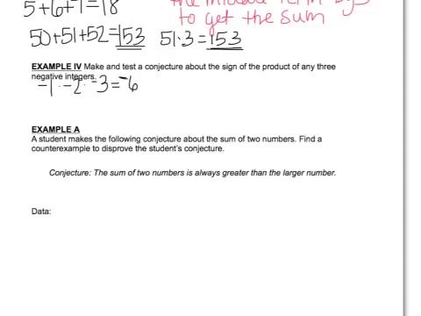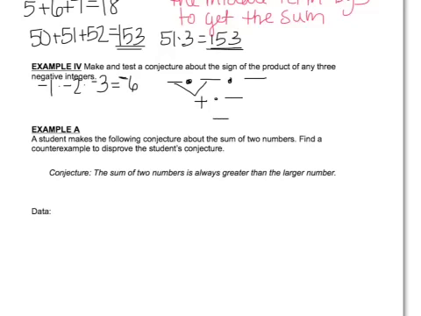Well, really, it's just the signs that are going to determine what our final sign is, isn't it? This is something we've talked about, or you've done before. If I have a negative times another negative times another negative, well, these two will become positive, and if I multiply that by a negative, I'm going to get a negative.